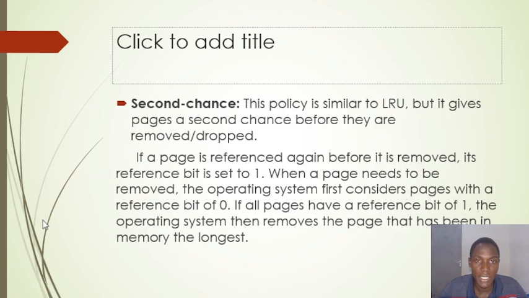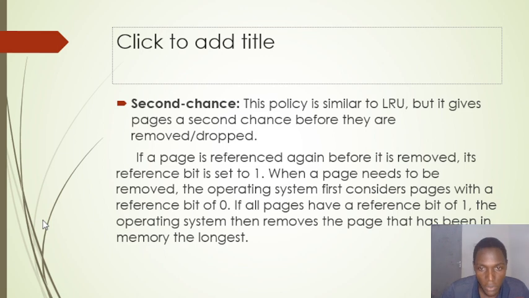Then this has been explained. Then we have what we call the second chance. It is similar to the least recently used, but it gives pages a second chance before they can be removed or dropped. That is, a page that is not accessed is removed.